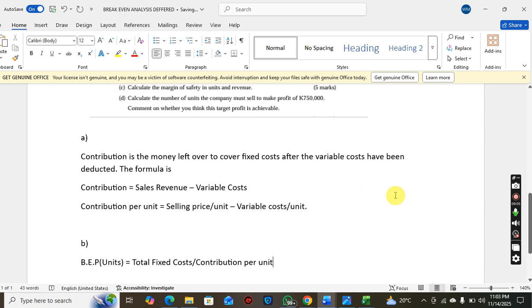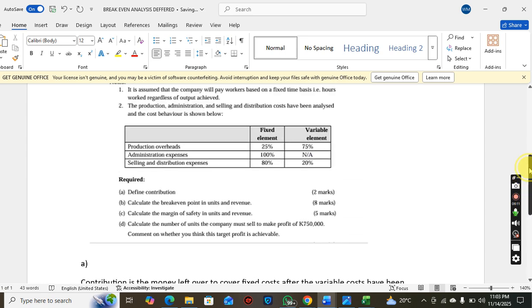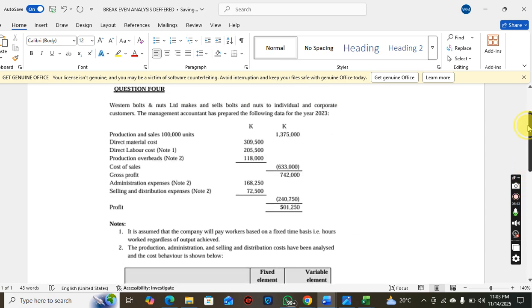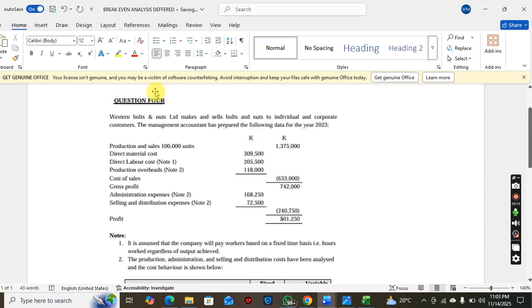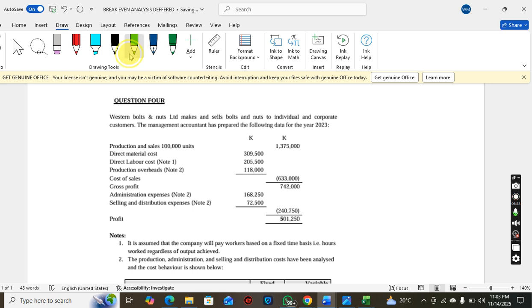So first things first, we need to get our contribution per unit. We need to get our selling price per unit, SP per unit.